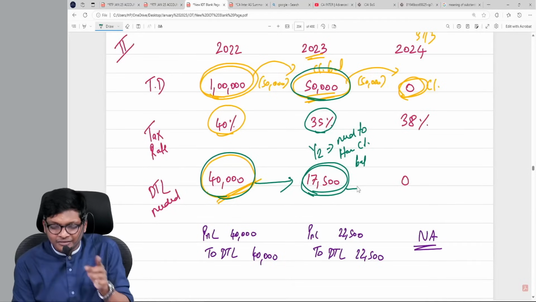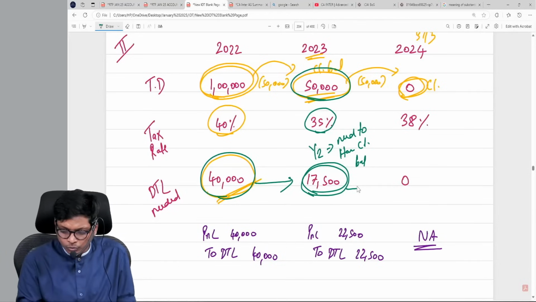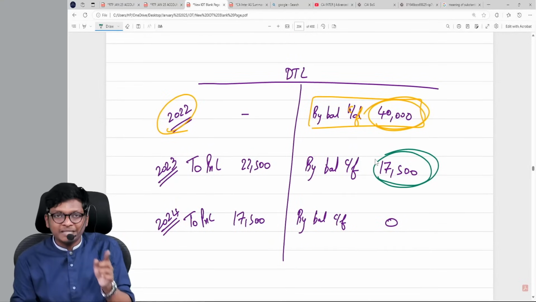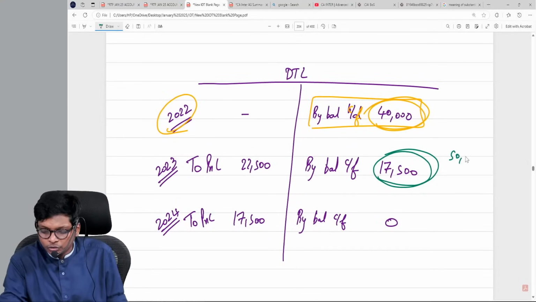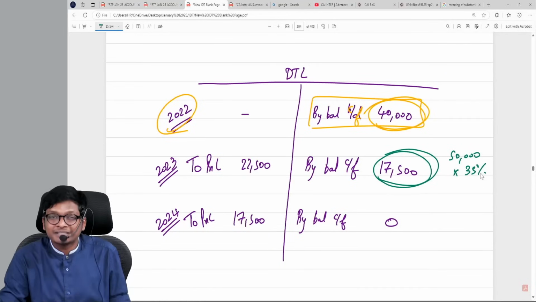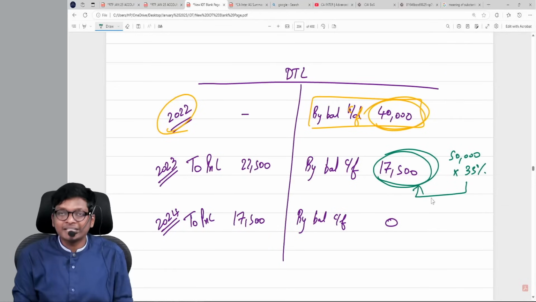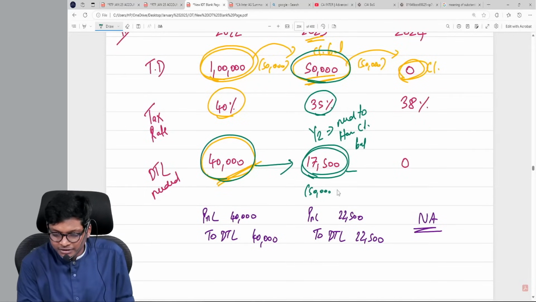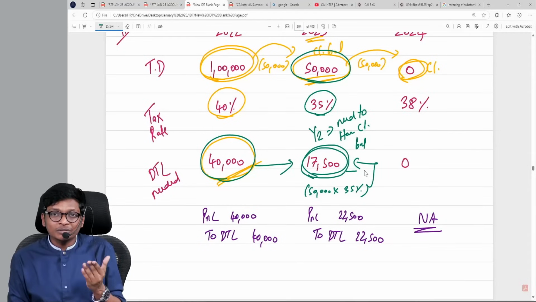Then only I can reverse this after that in next year. So in year 2 closing balance has to be 17,500, because year 2 closing is 50,000 into 35%, which is 17,500. Sir, how, sir, the 17,500 came? 50,000 into 35%.